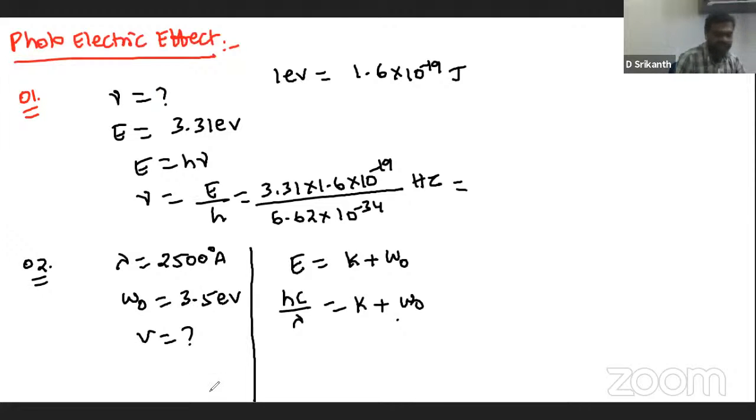So I can write it as hc by lambda equals eV plus W naught. Substitute the values and find out the value.